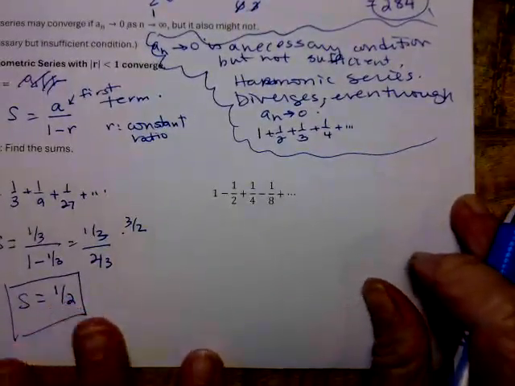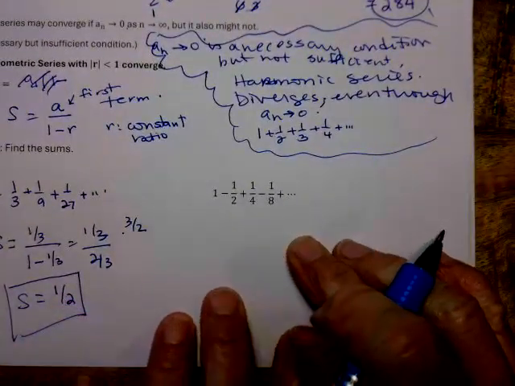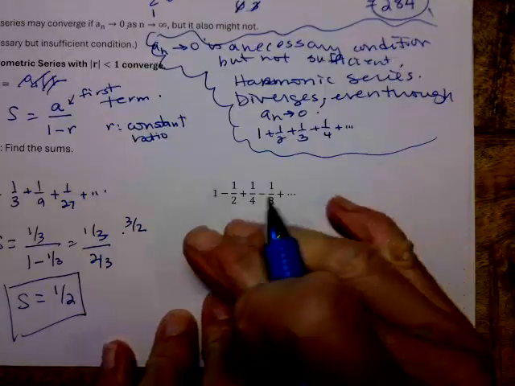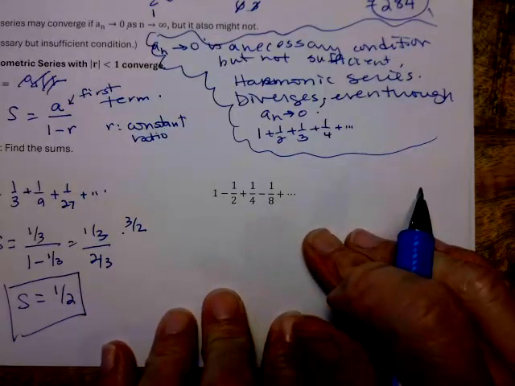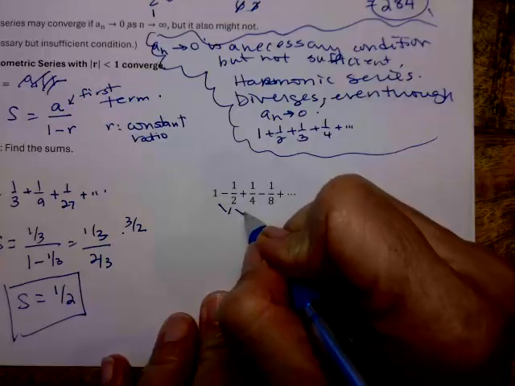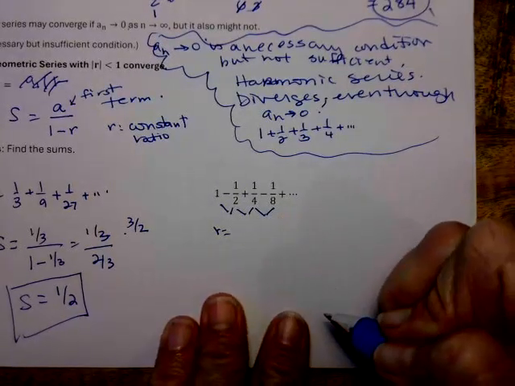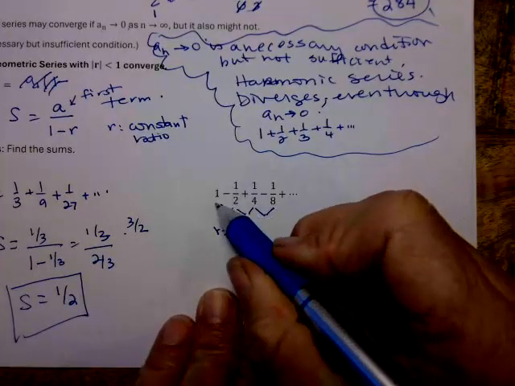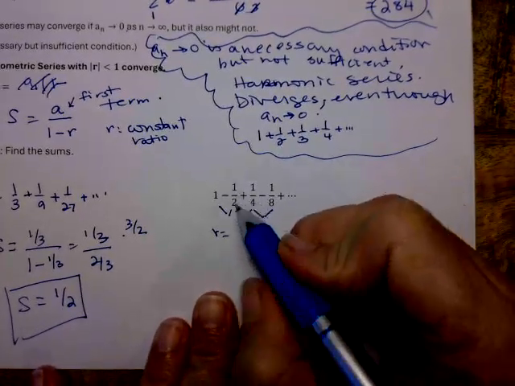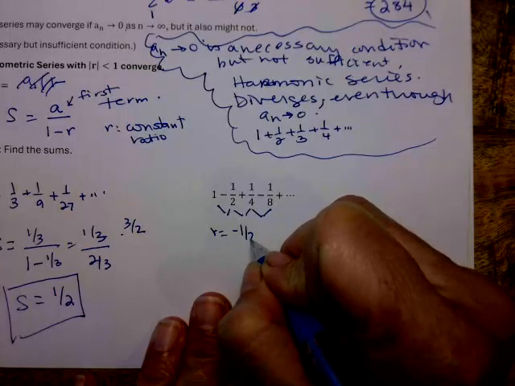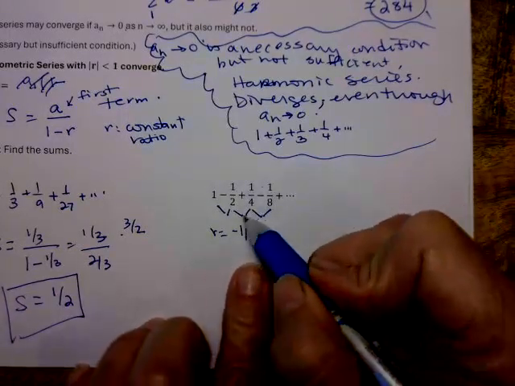How about the next one? This one, it's not written in summation notation, but can we find that common ratio? What is R? What do I multiply each subsequent term by to get the next one? 1 times what to get negative 1/2? That first one is negative 1/2. Does that hold?